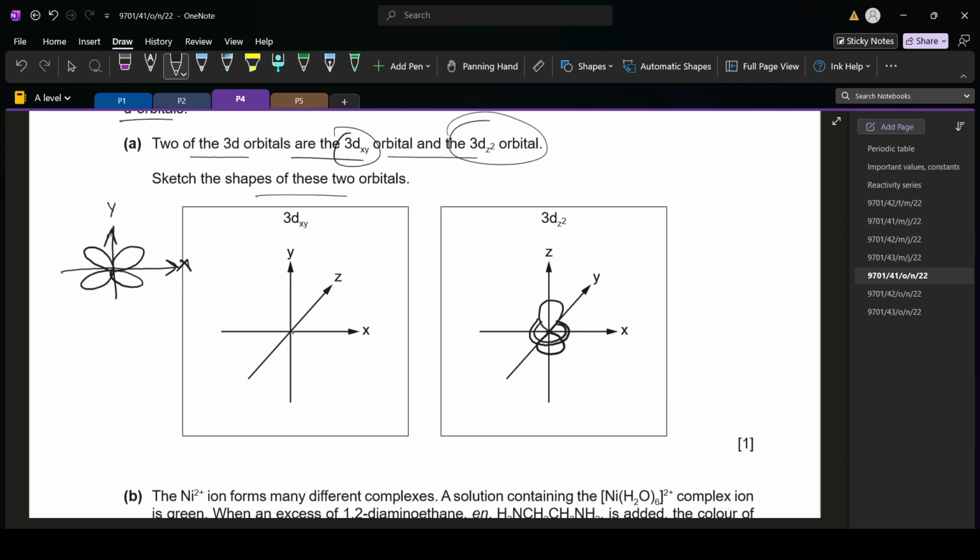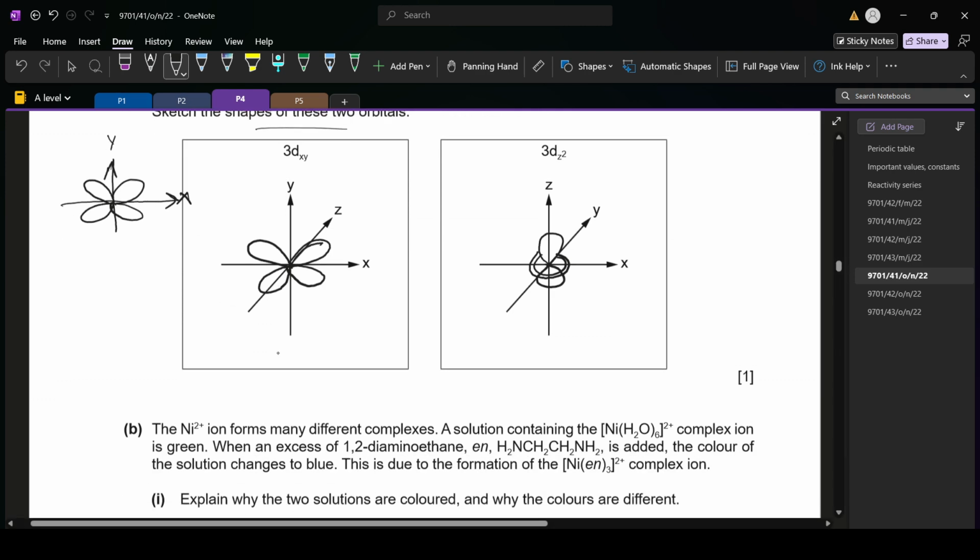Now you know how to draw this xy orbital. Let's draw this. It will be like this. You don't have to consider the z-axis over here.